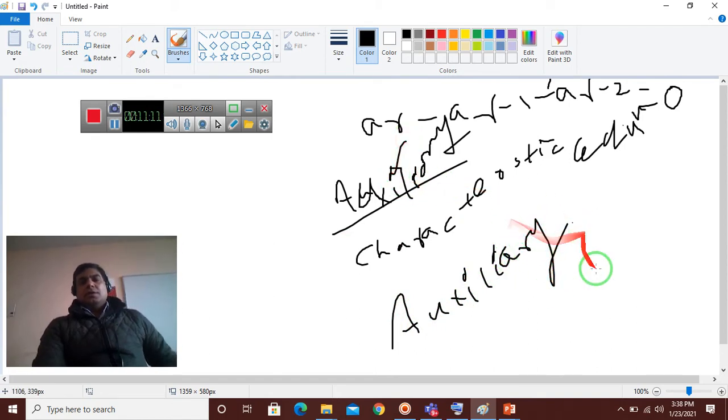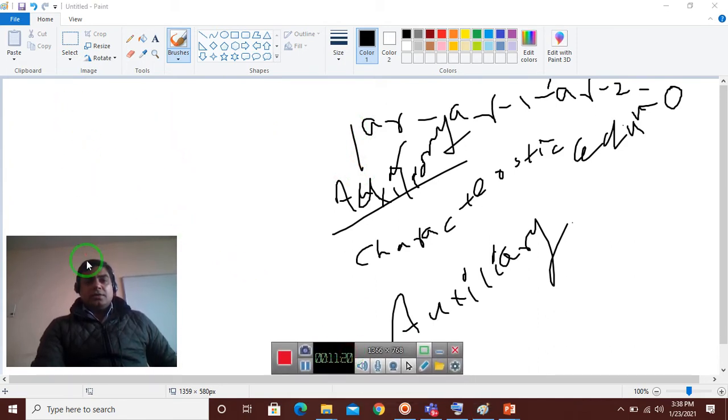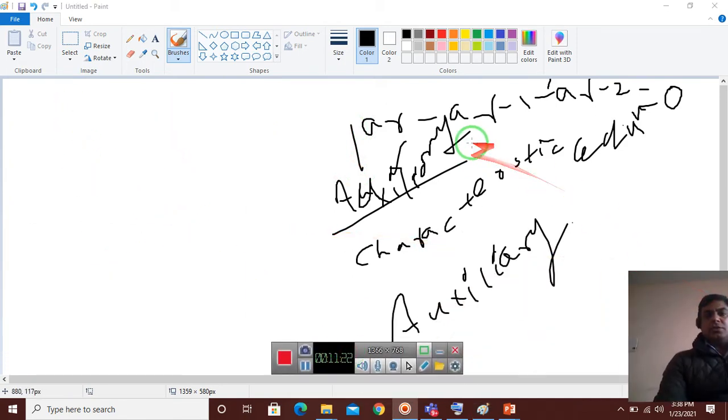Okay, so now we have to create it. We should write all the constants of this equation first. So we have 1, -1 and -1 equal to 0.